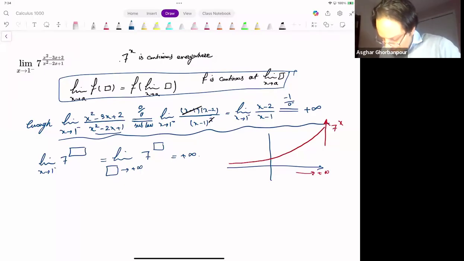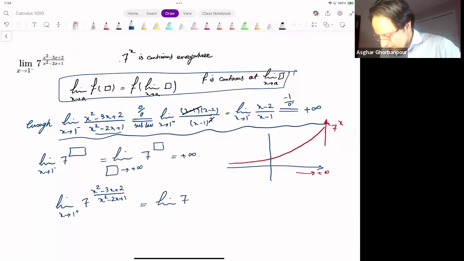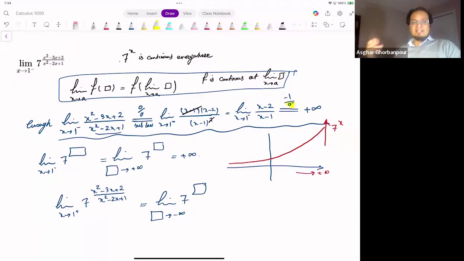Well, it is an interesting question if you go to 1 from the positive side. In that case, your exponent is going to go to negative infinity, because here, see what we had here is going to be plus 0.